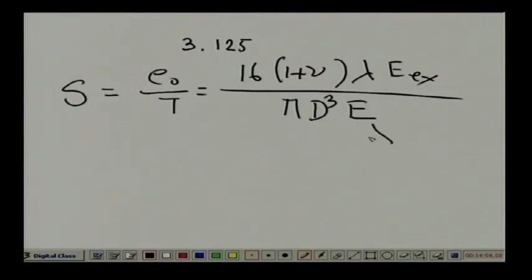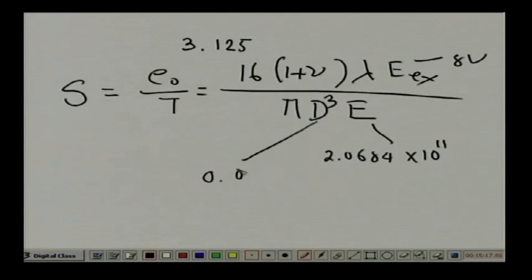E is 2.0684 into 10 to the power 11, Eex is 8 volt. D is given in centimeter, but it has to be converted to meter, so it will be 0.0254 meter. Then Poisson's ratio is 0.3, lambda is 2.